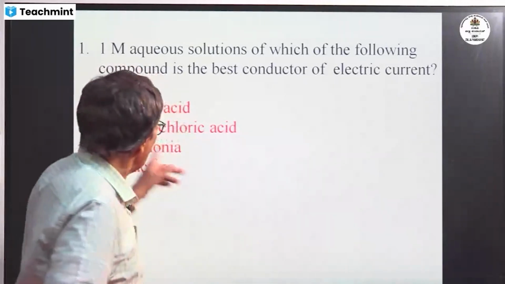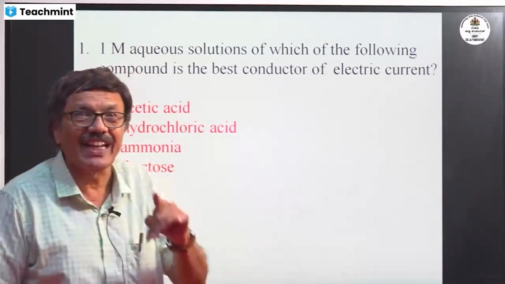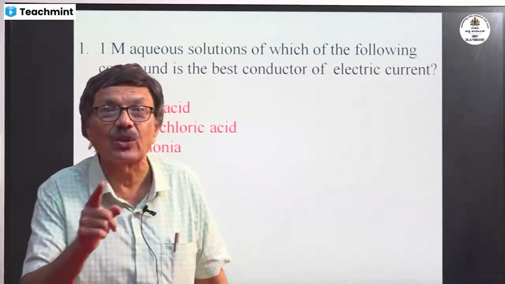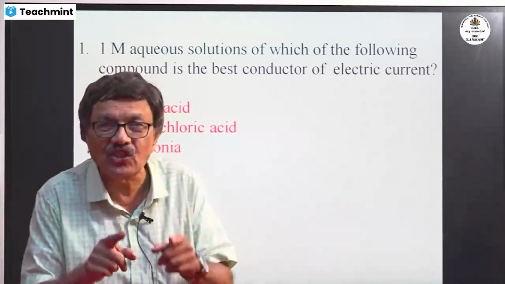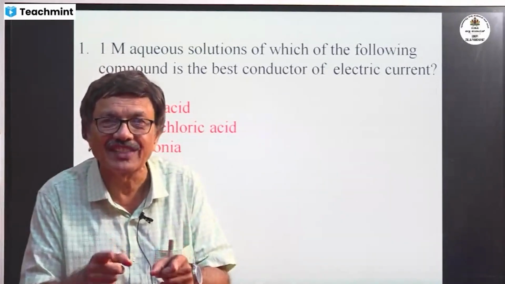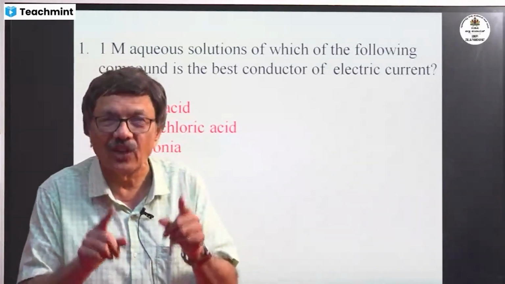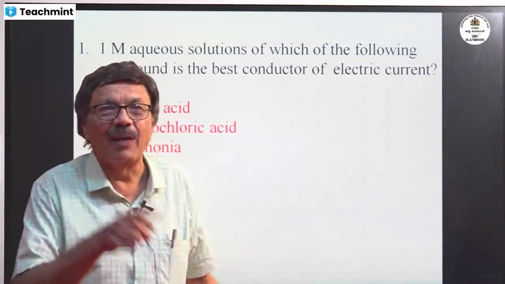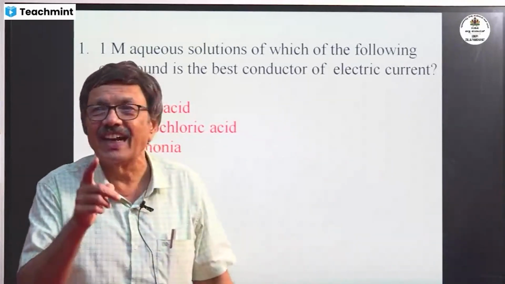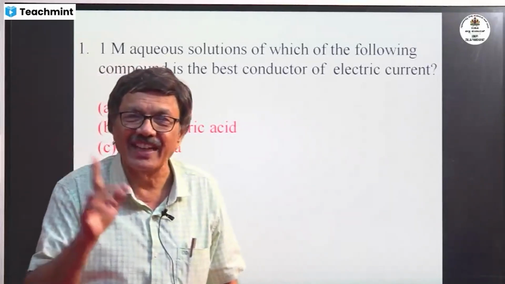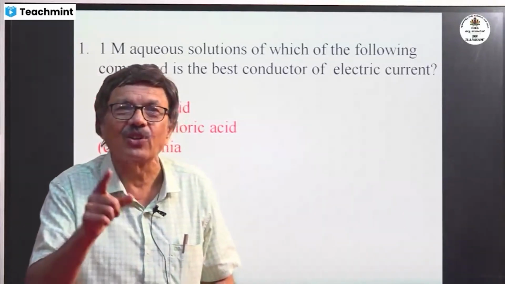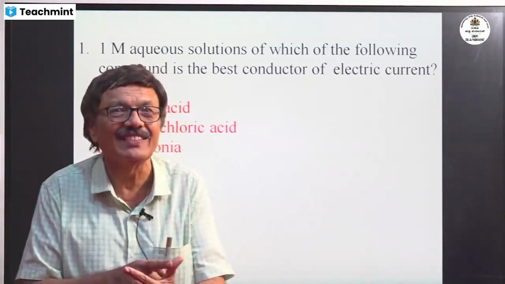Now come to hydrochloric acid. Hydrochloric acid is a strong electrolyte. It ionizes completely, so a solution of hydrochloric acid furnishes a large number of ions. So among these four, it is the hydrochloric acid whose conductance will be highest. One thing is it is a strong electrolyte.